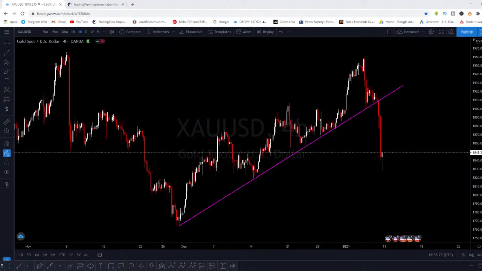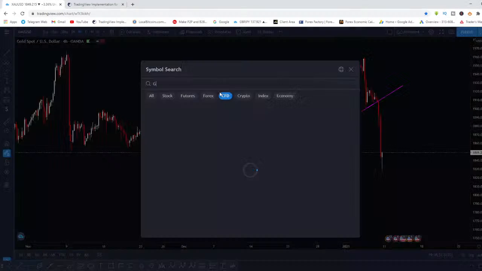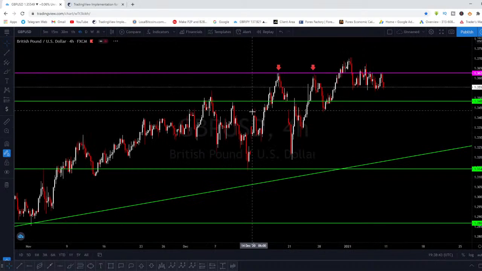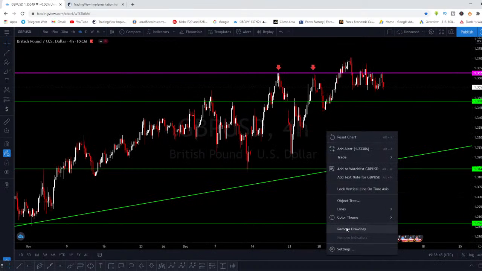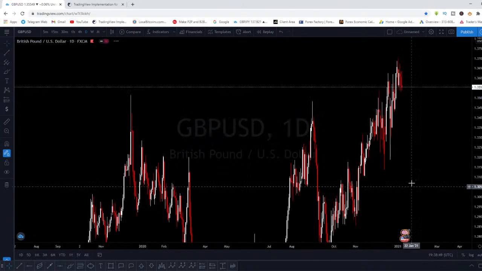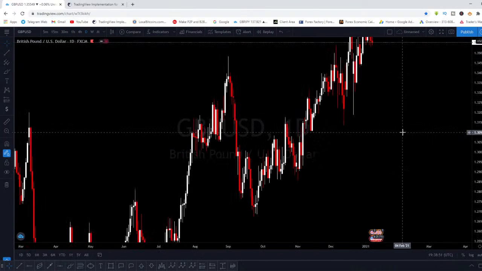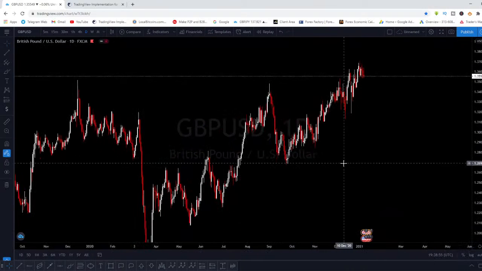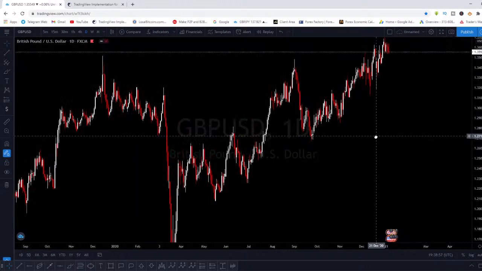All right, so first of all, let's try to check GBPUSD, right? You guys know that GBPUSD is one of the pairs that I trade a lot. So let's try to check GBPUSD. We'll remove all of that, and this is GBPUSD daily time frame right now, and you guys see that GBPUSD has been moving to the upside without stoppage, right?